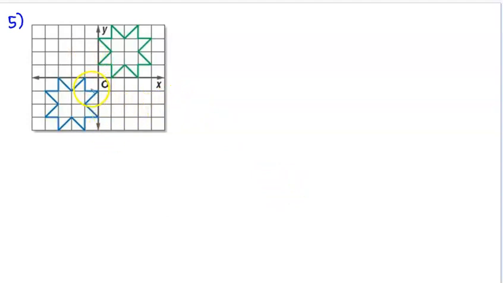We definitely have a translation because this shape basically maintains the same shape. It's just being shifted from one location to another. We could say it was slid from down here in quadrant 3 up to quadrant 1. So we definitely have a translation.